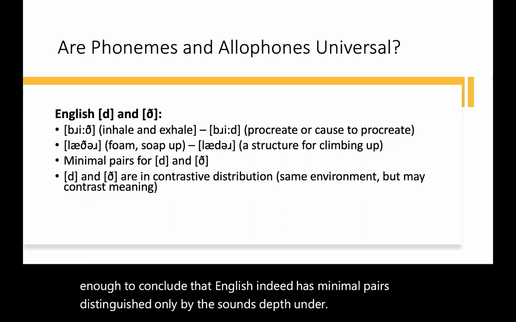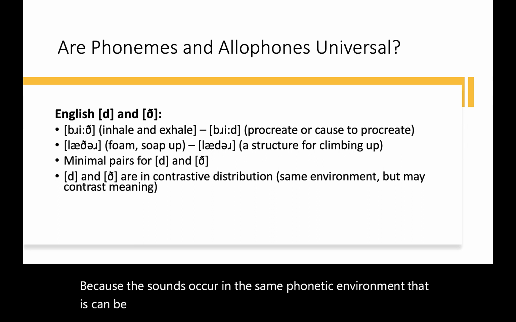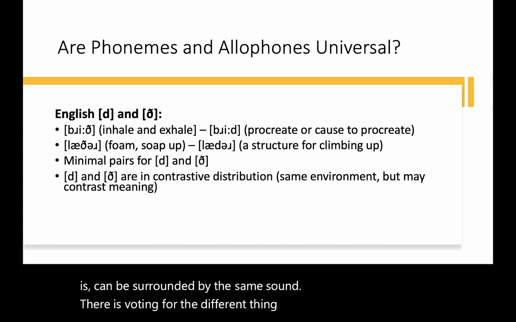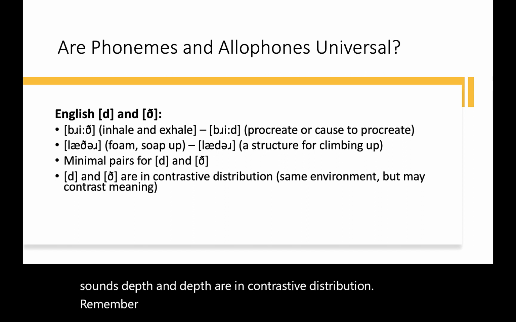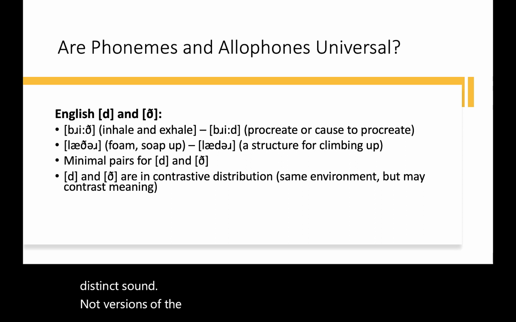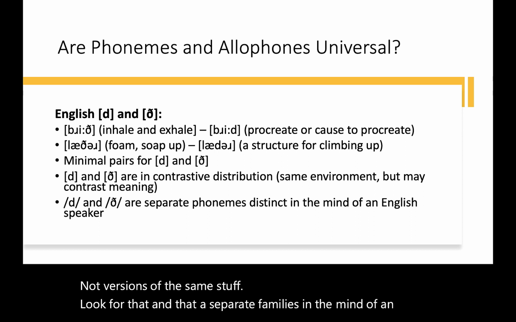Because the sounds occur in the same phonetic environment, that is, can be surrounded by the same sounds, but the resulting words are different in meaning, we conclude that the sounds d and th are in contrastive distribution. Remember, contrastive means that we perceive and use them as distinct sounds, not versions of the same sound. Therefore, d and th are separate phonemes in the mind of an English speaker.